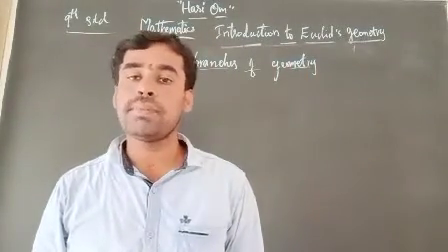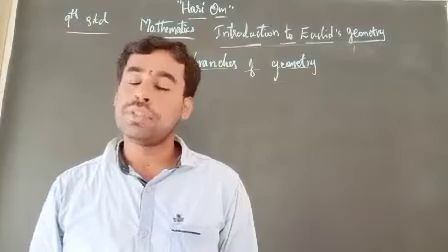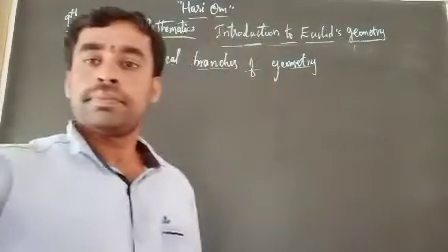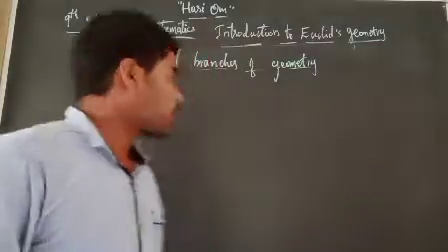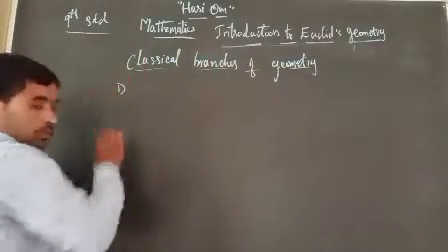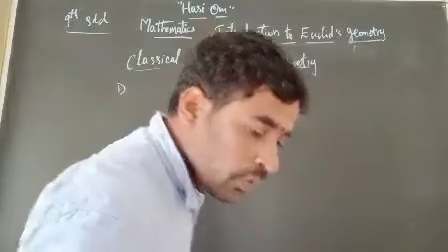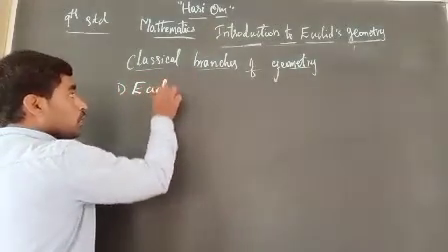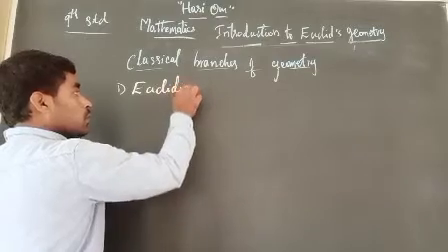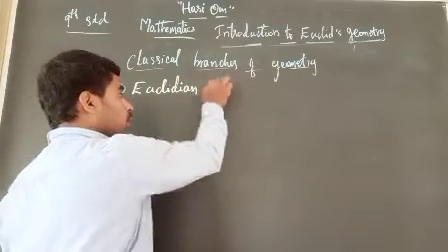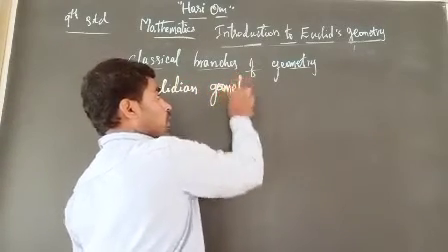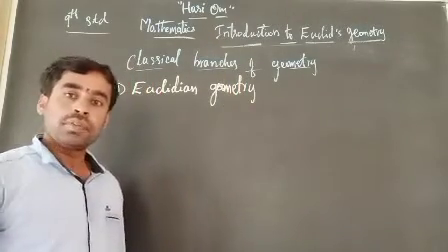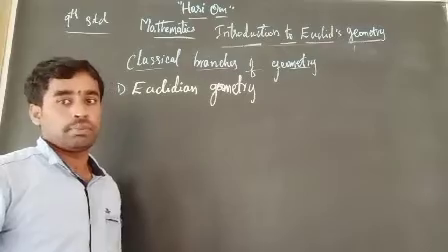Write on the board. The first one is Euclidean geometry, which is also called plane geometry.